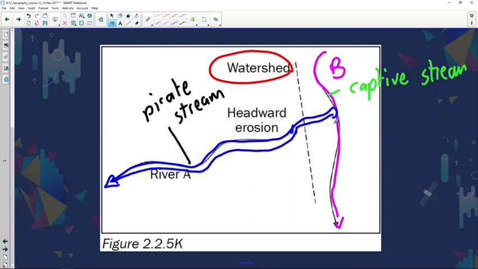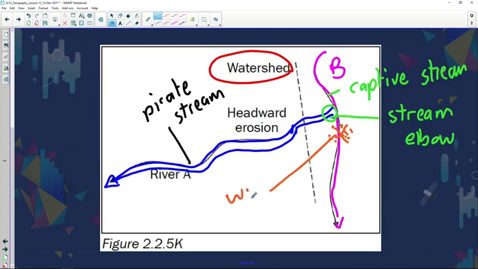If we look at this area over here, where the interception took place, it is the stream elbow. Immediately where the water has been intercepted, we will have a dried up area, and that is known as the wind gap.